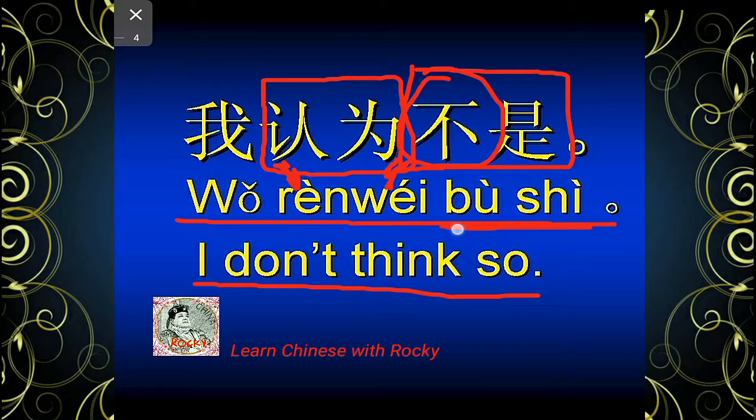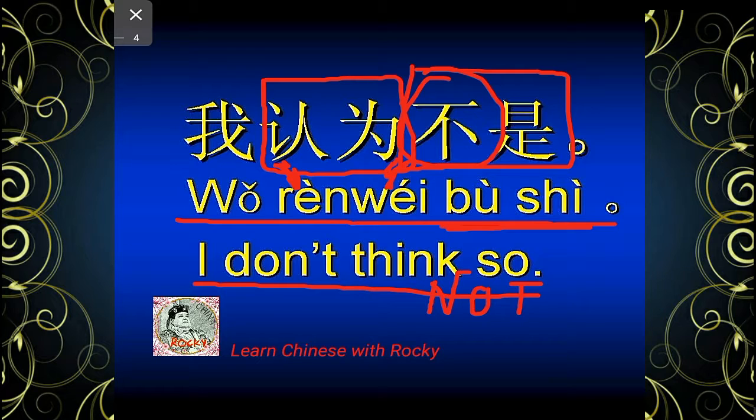Bushi, in this case, really means cannot be done. It means no, but it means more than just no. It means no, cannot be done, or no action. It also means negative. I think we get the idea of what bu is.